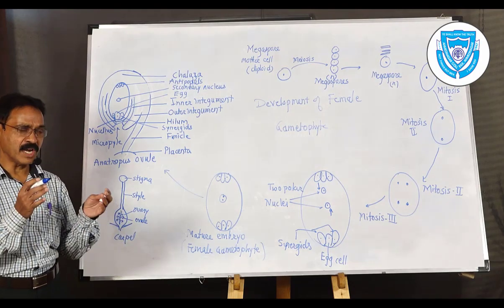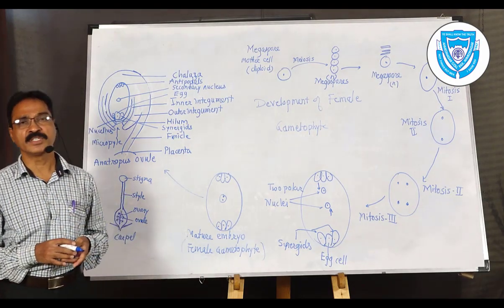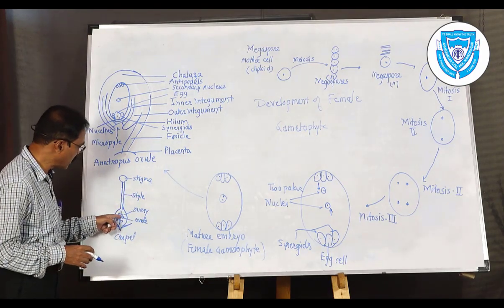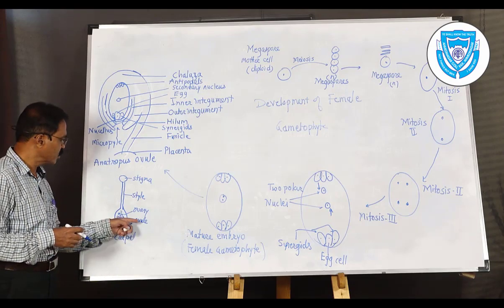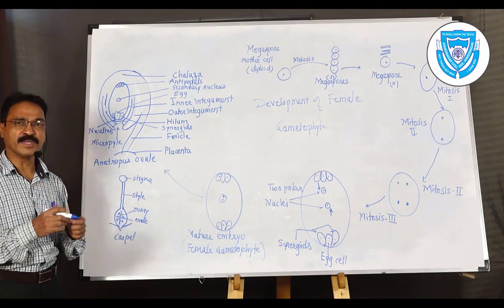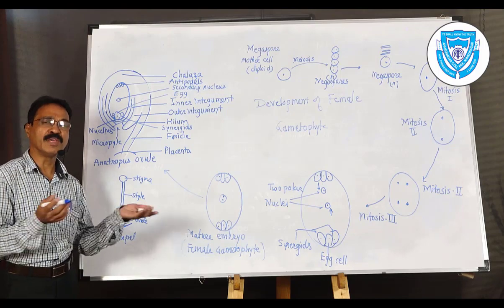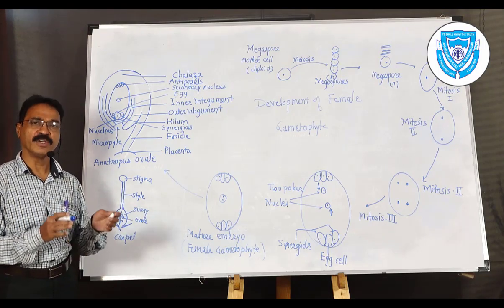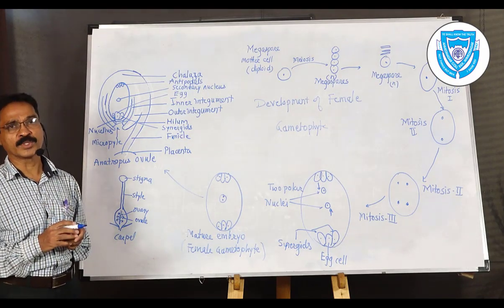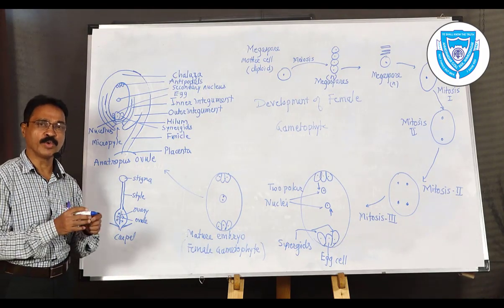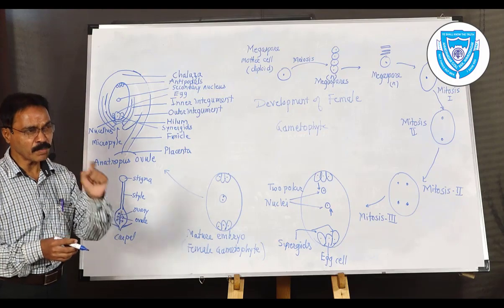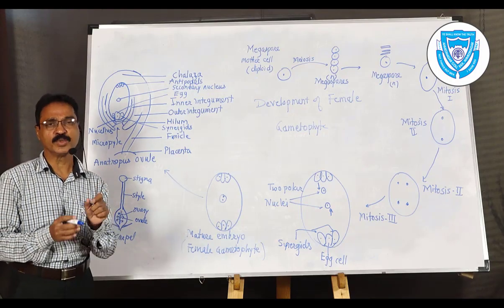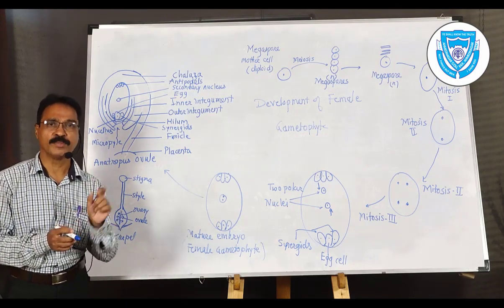Now according to the attachment of the ovule with the placenta, so this is the placenta where the ovule gets attached, ovules may be of different types, but in our syllabus we are going to discuss only the anatropous ovule, where the micropylar end lies near the funicle, that is the stalk of the ovule.